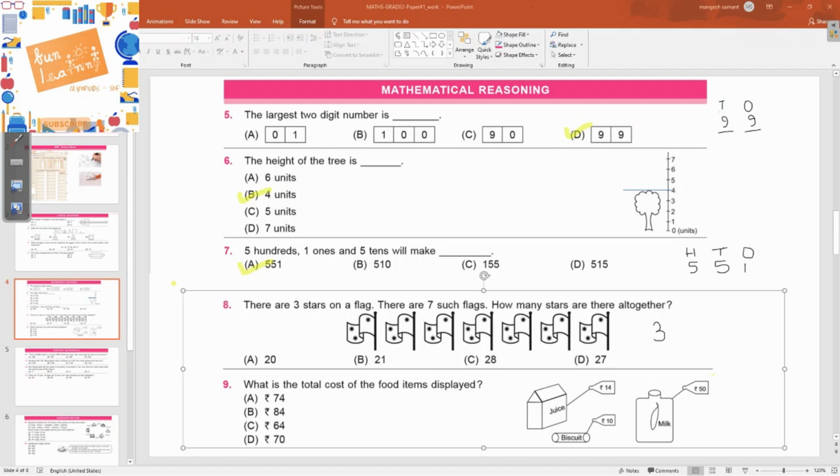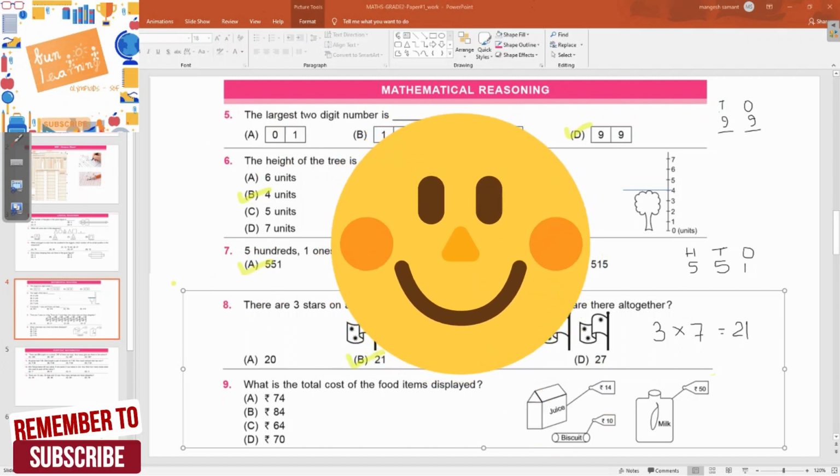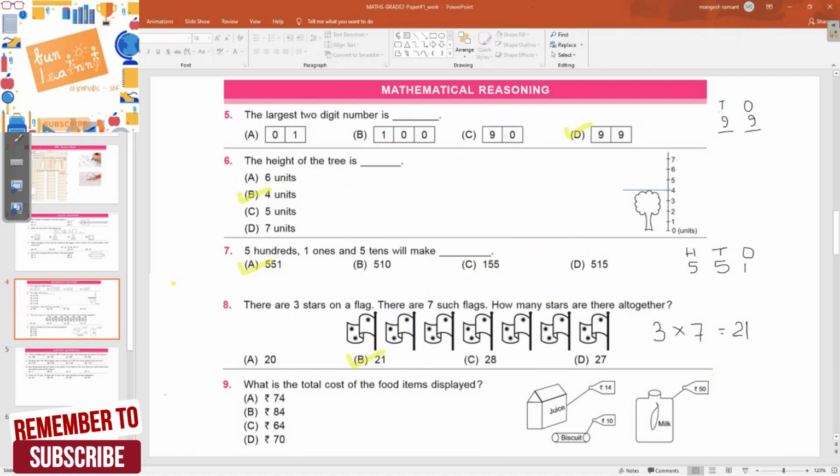So instead of counting, what do we have to do? And there are 7 such flags. So we have to count 3, 7 times, which is nothing but 7 times 3, which is equal to, yes, it's your tables and I know you're very good at it. It is 21. So what is our answer here? B. Good. Well done.